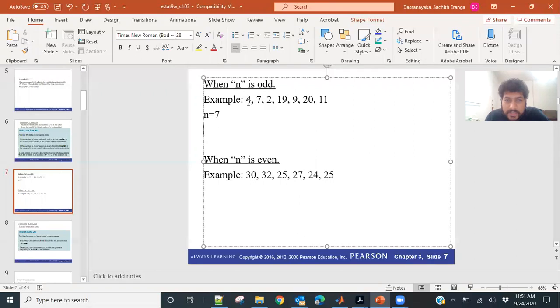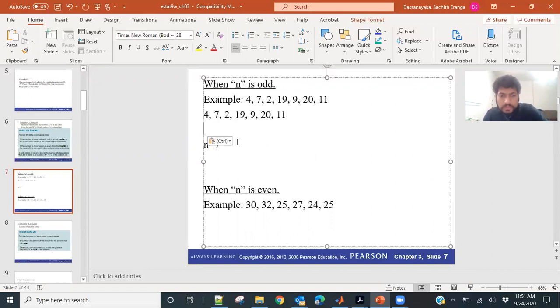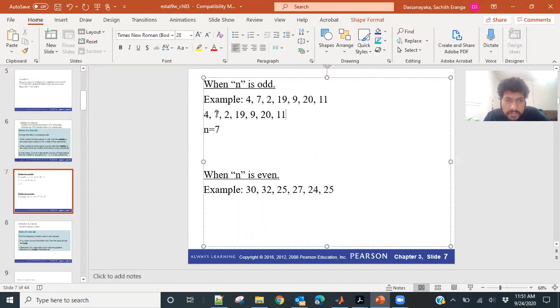First check whether we have an ordered list or not. This is not an ordered list, so let me change this to an ordered list.